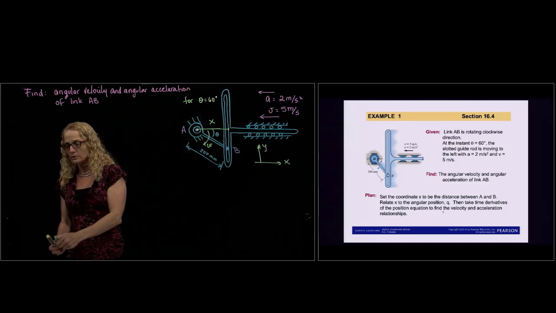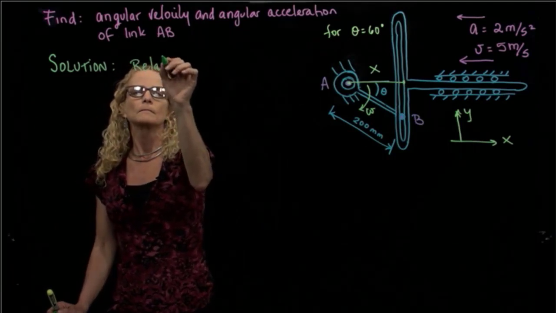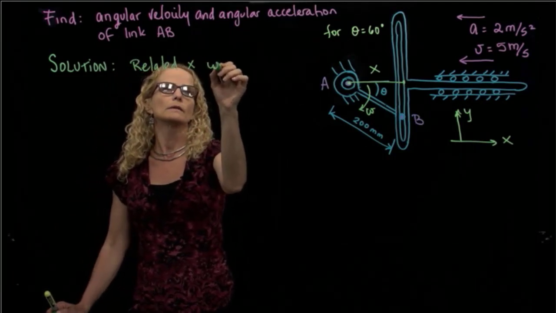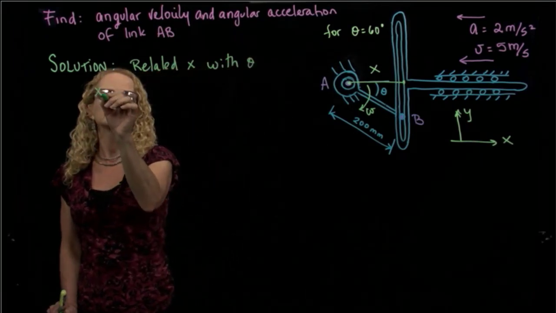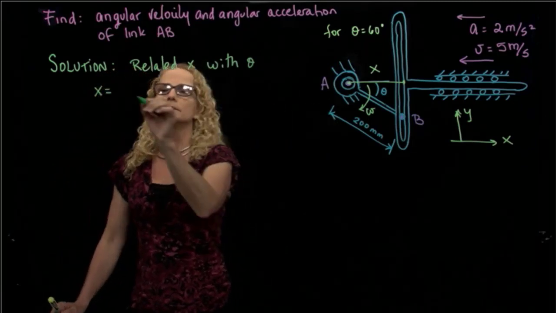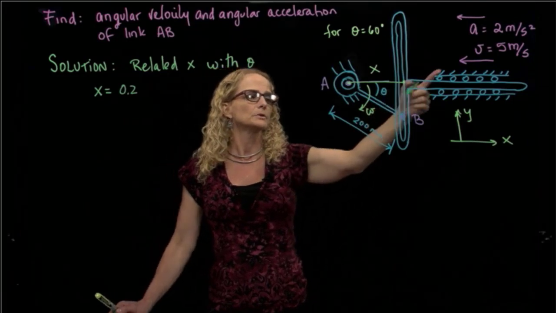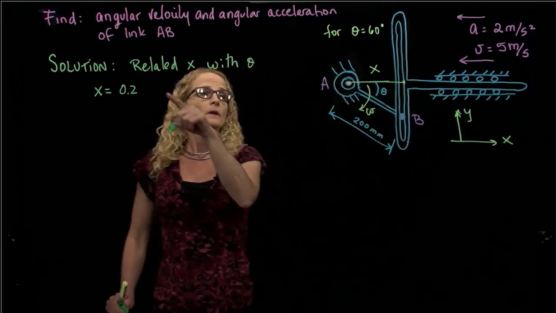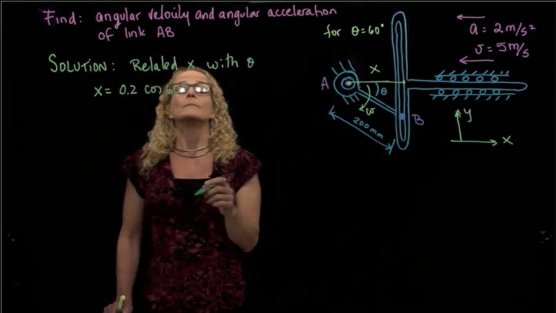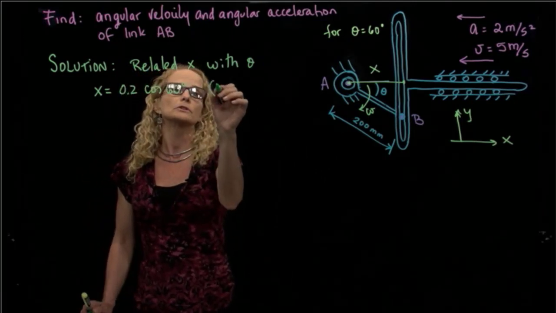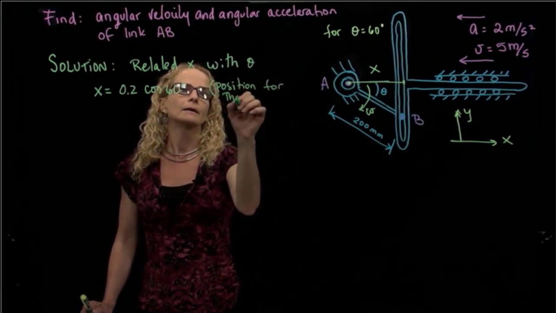So let's write the solution here. I will relate x with theta, and to do so I will say that x is equal to 0.2 meters, working in meters, not millimeters, times cosine of 60 degrees. That is the position for that instant.